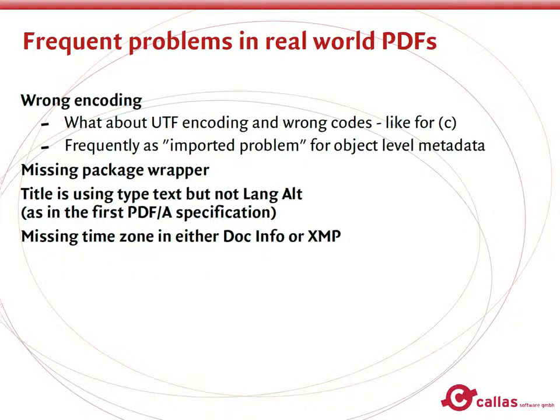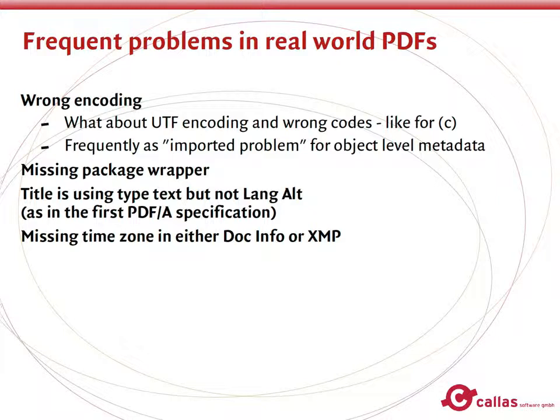And these are frequent problems in real-world PDFs. So what is it with XMPs that are coming around, and what is a frequent problem there? First, all XMP needs to be UTF encoded, but that is actually not always the case.